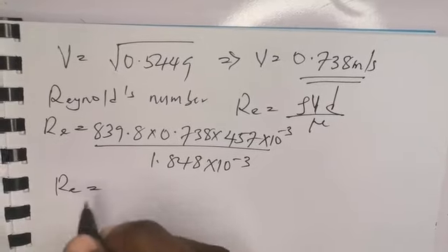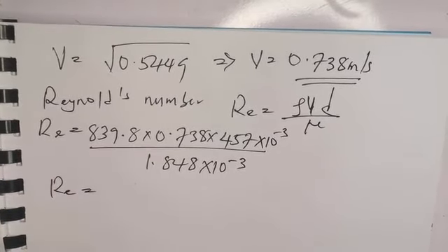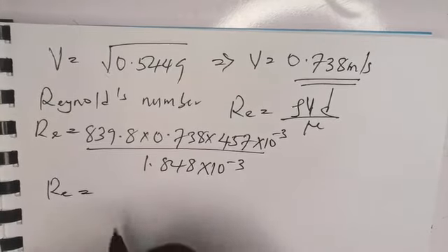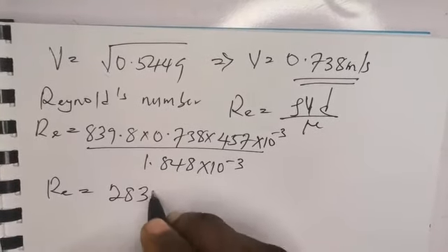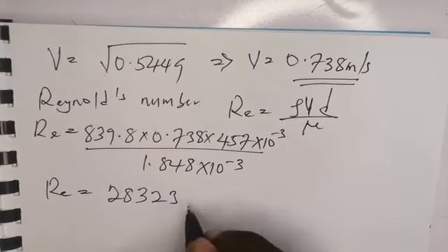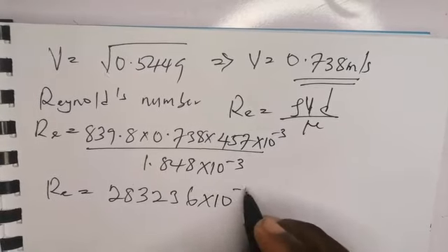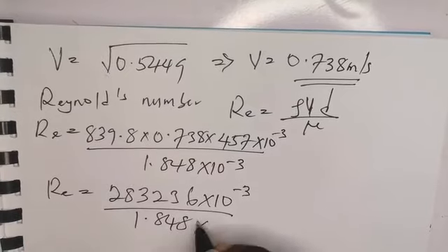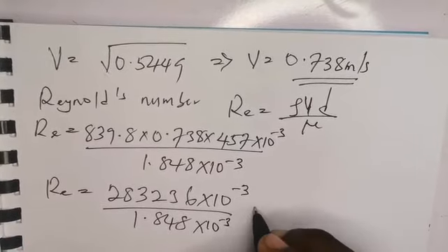So Reynolds number is equal to, let's obtain the product of the numerator. Everything at the numerator gives us approximately 28326 by 10 to the power of negative 3, all over 1.848 by 10 to the power of negative 3.